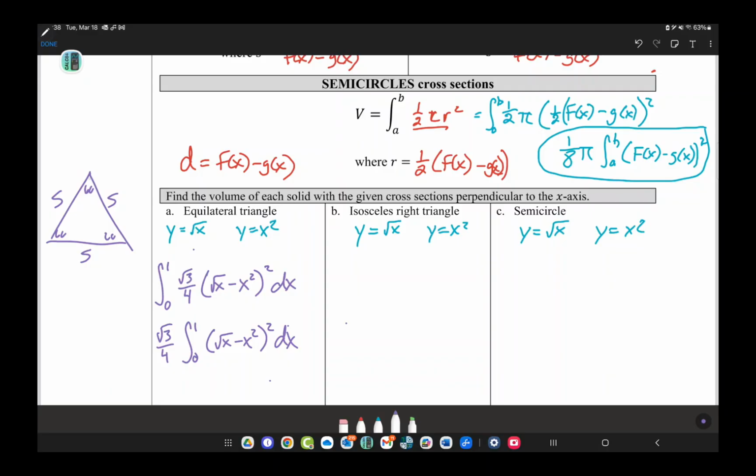Well, for an equilateral triangle, do you remember 30, 60, 90-degree triangles? So this right here is 1/2 of s, and the height would be 1/2 of s times root 3. So the height is root 3 over 2. The base is s, so the area is 1/2 of root 3 over 2 times s times s. So you end up with root 3 over 4 s squared. That's where that comes from.